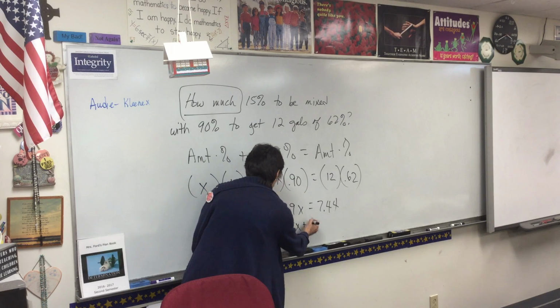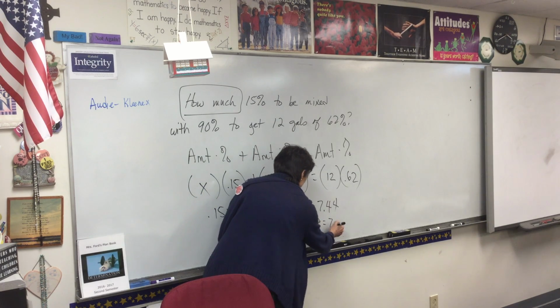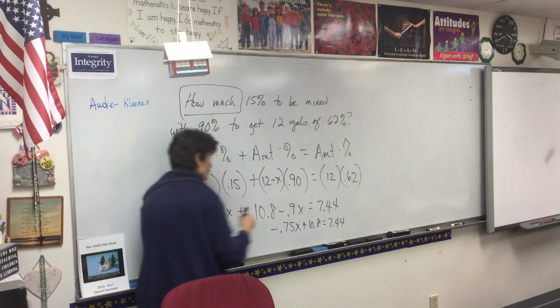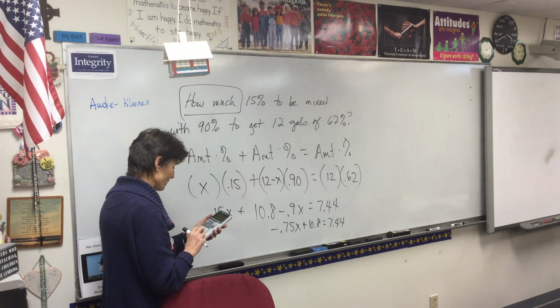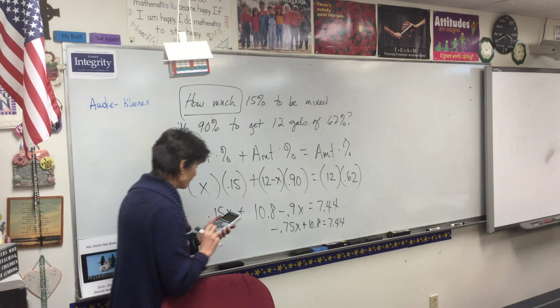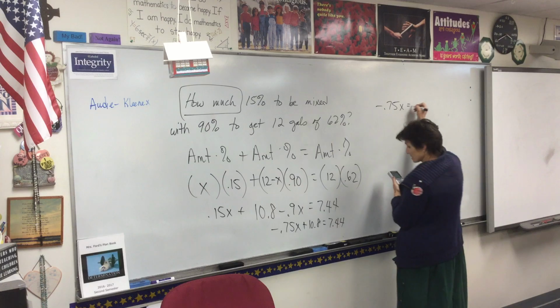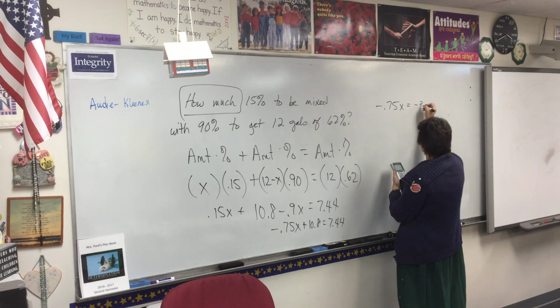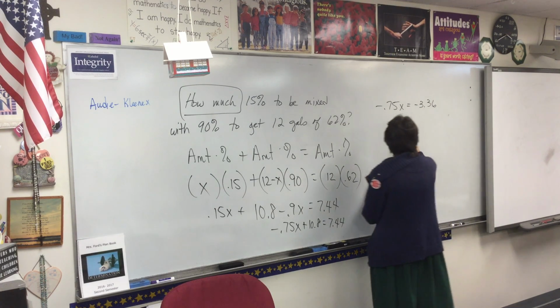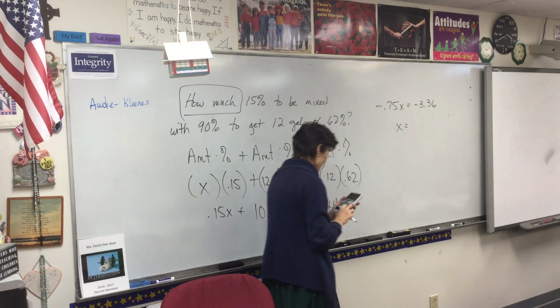I still have the plus 10.8 equals 7.44. So now I'll move that 10.8 over. So 7.44 minus 10.8. So negative 0.75x equals negative 3.36. Now I'll divide.